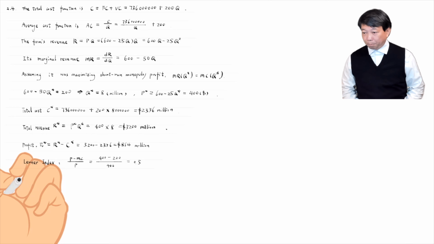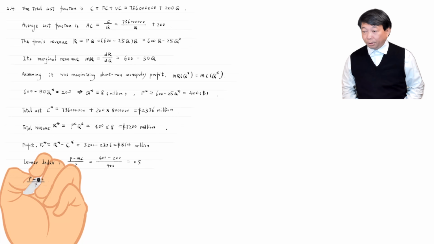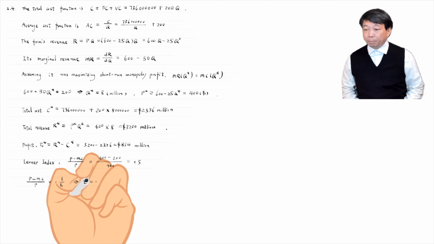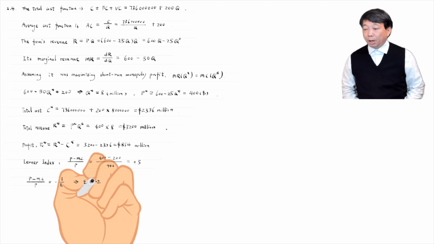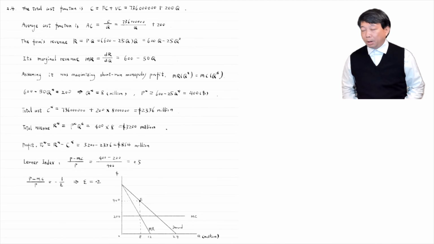Using the relationship between the Lerner index and the demand elasticity at the profit-maximizing level, we obtain epsilon equal to minus 2. As the graph shows, the monopoly optimum is E. The intersection between the marginal revenue and the marginal cost curves determines the quantity, and then the inverse demand curve determines the price.